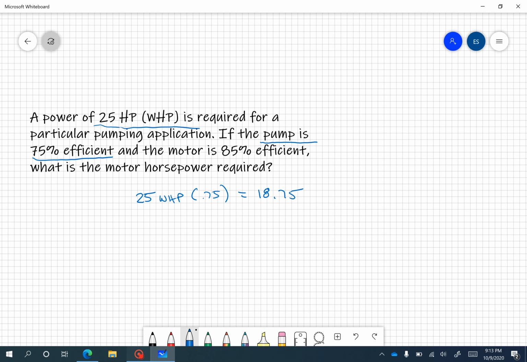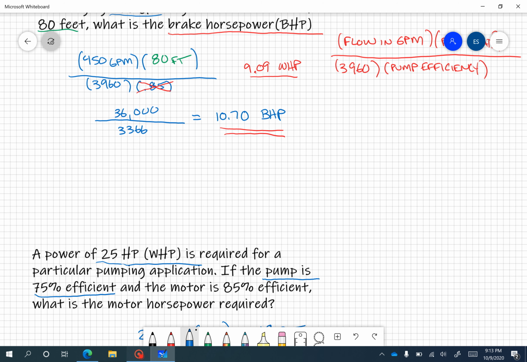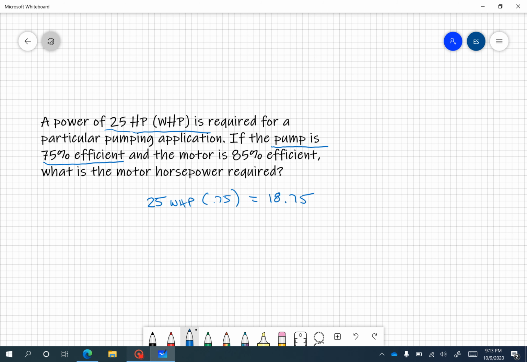So think about what we just determined from the previous equation. Because the pump is not 100% efficient, remember it takes more horsepower applied to the pump to generate enough water horsepower to move the liquid. So if we know we need 25 horsepower to move the water, then our brake horsepower should be higher than our water horsepower, not lower.